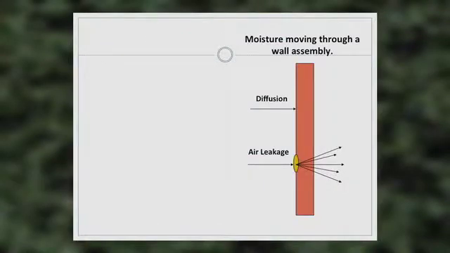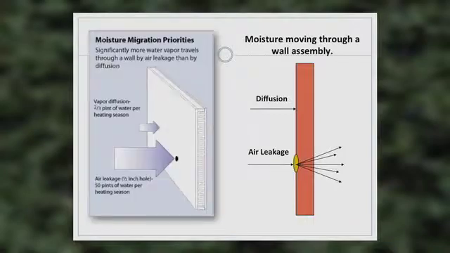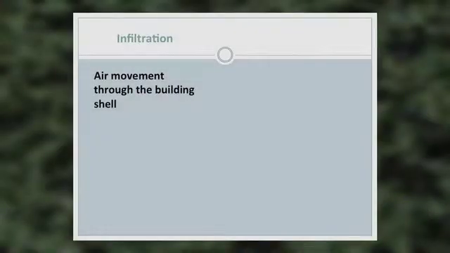With infiltration, the water comes with the air that's coming into the building. So if we stop air from coming in with an air barrier, we stop the moisture that comes with it. A vapor barrier stops diffusion. Moisture will come through the material, hit the vapor barrier, condense, and run down the vapor barrier and back out of the structure.